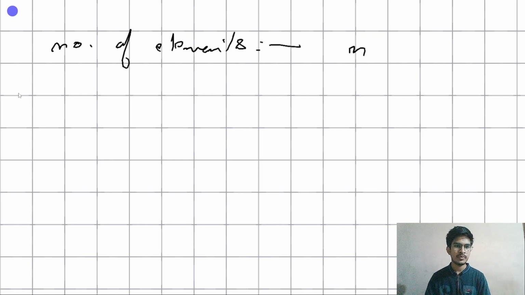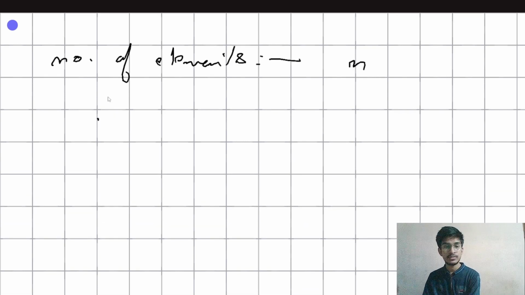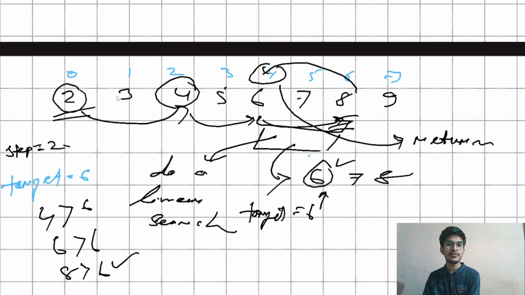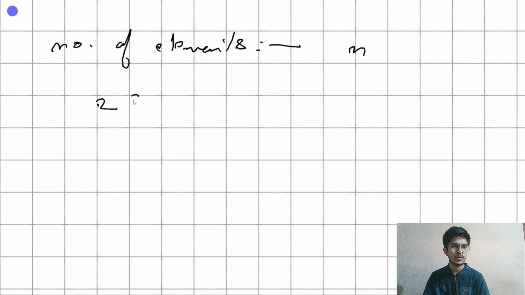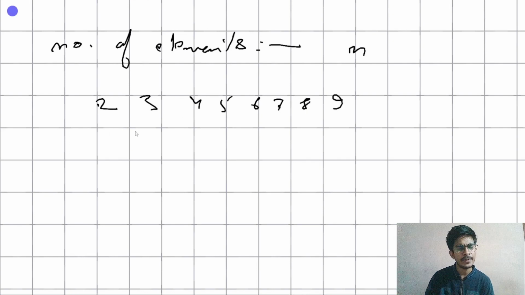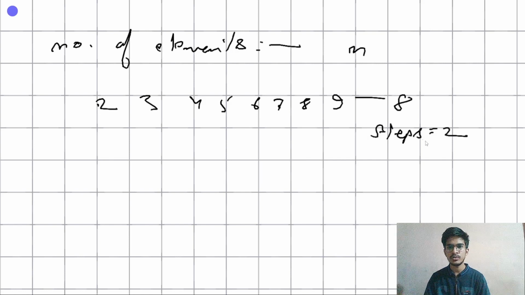So suppose we have this list: 2, 3, 4, 5, 6, 7, 8, 9. And we're taking two steps. Here in this case we have 8 elements, and the step equals 2.